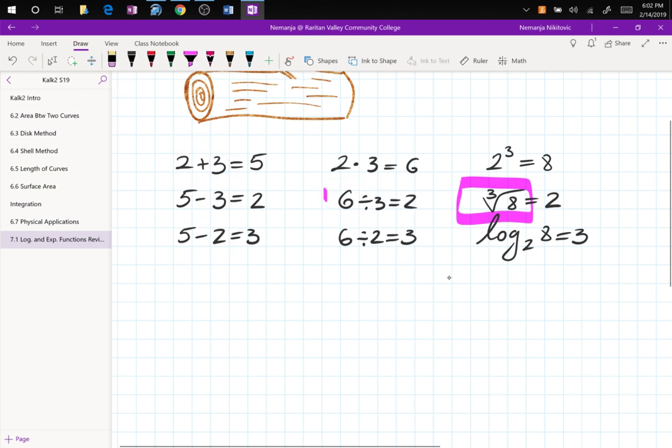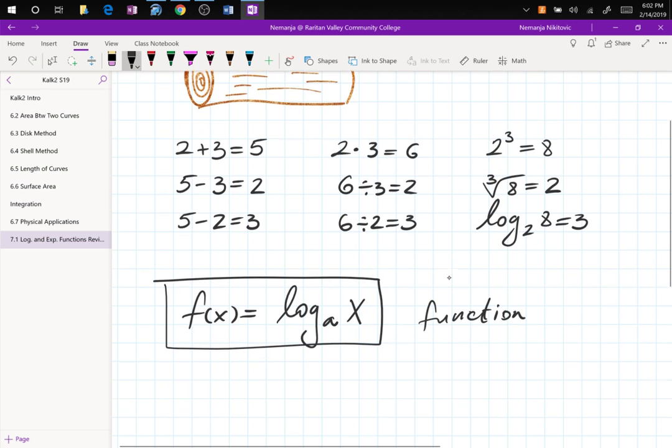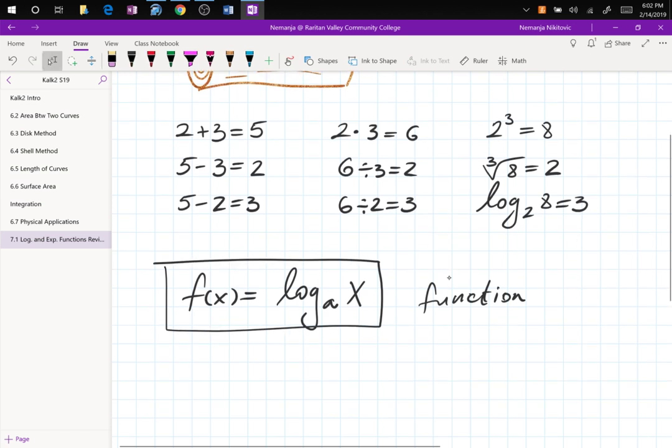So now what I'm going to do is say that f of x is equal to log of some base a of x, and we are going to take that as a function. So as soon as you provide the value for x, it stops being a function and it becomes a number, just like anything else.